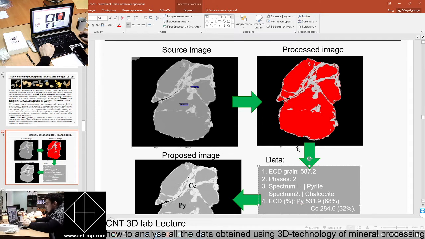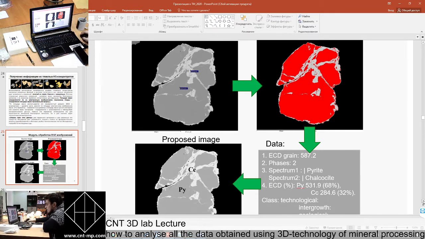We can decode this, for example, with red color, and red color represents the square of pyrite here, and the white one is chalcocite. So we can analyze the pyrite square and chalcocite square, and count an equivalent circle diameter for each of them.